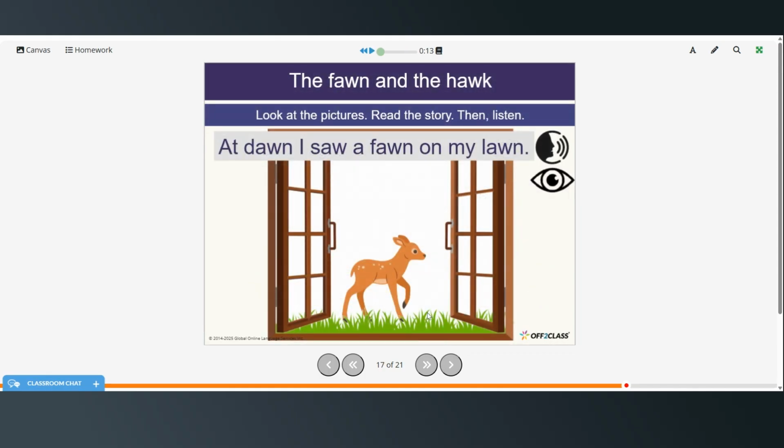All right, now we're going to read the story, The Fawn and the Hawk. So look at the pictures, read the story, and then listen. At dawn, I saw a fawn on my lawn.